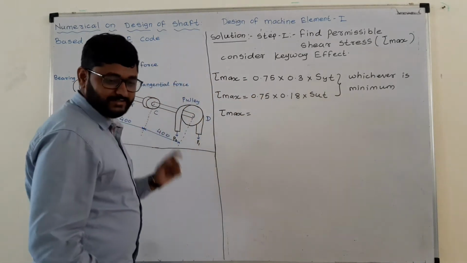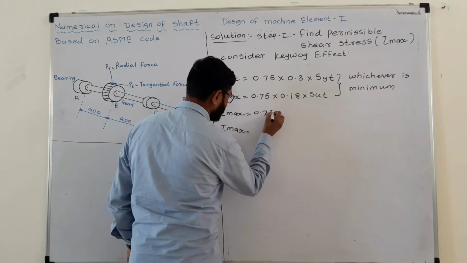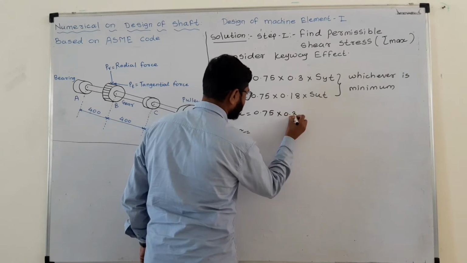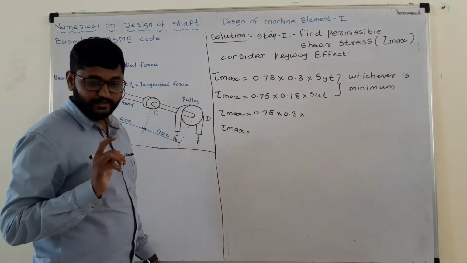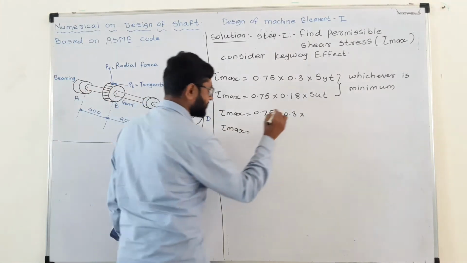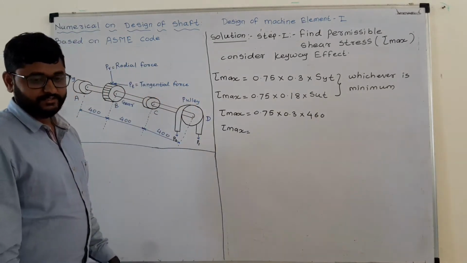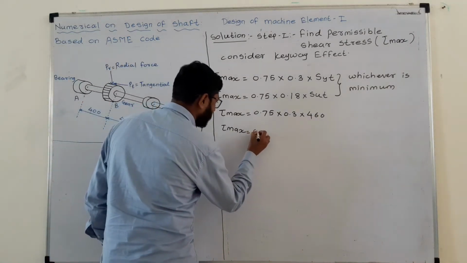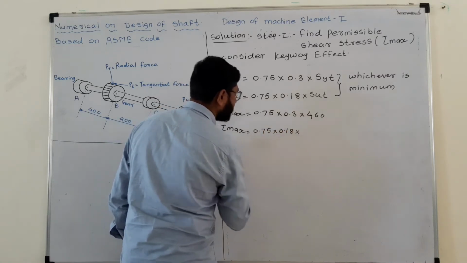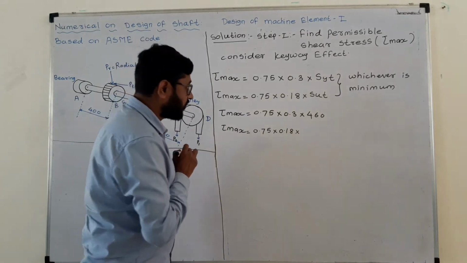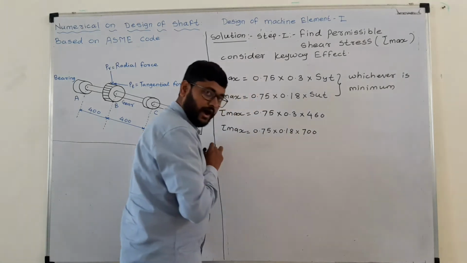We get tau max as 0.75 into 0.3 into SYT, the value of SYT is 460, and tau max equal to 0.75 into 0.18 into SUT, the value of SUT is given as 700.